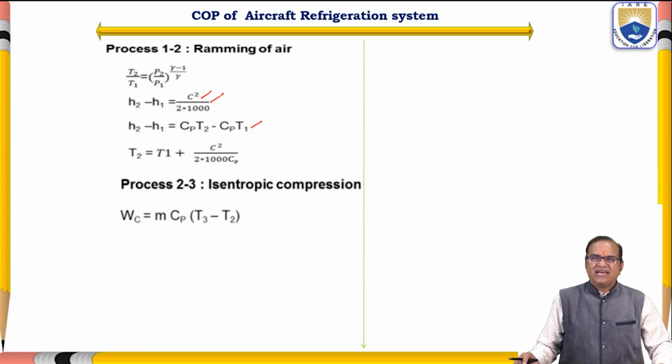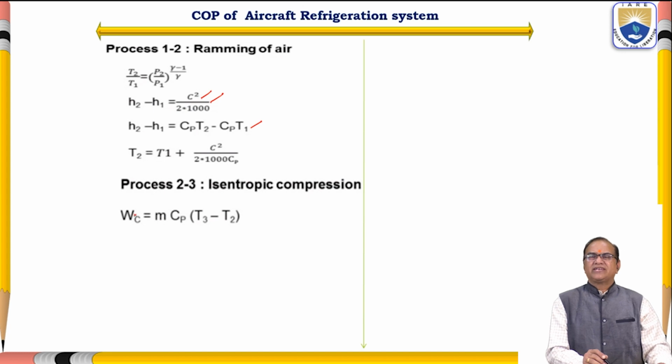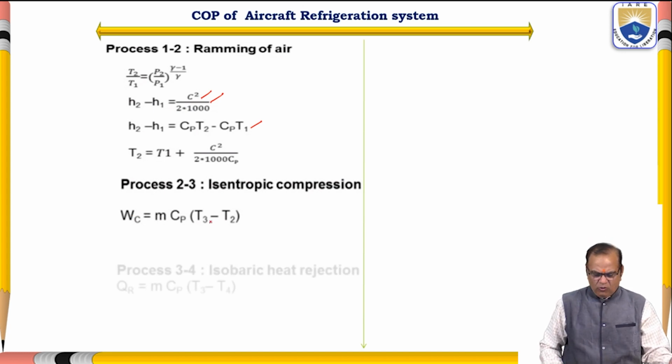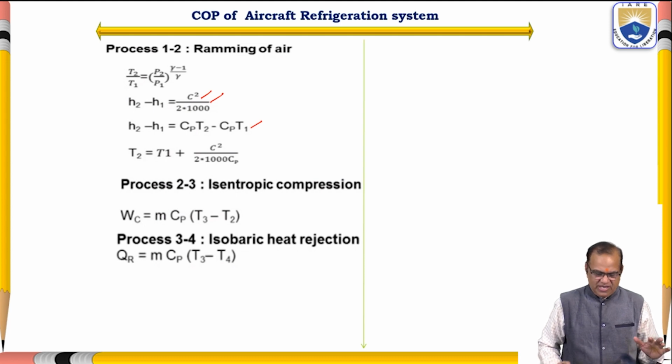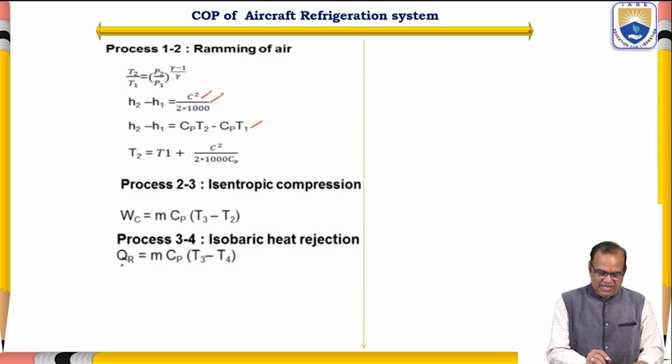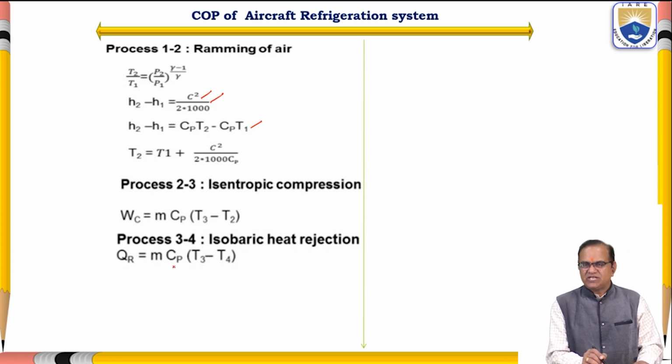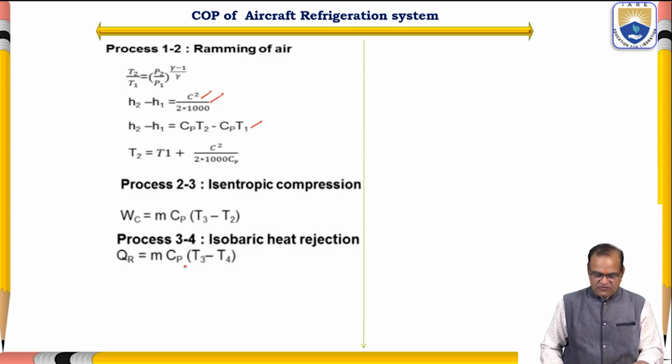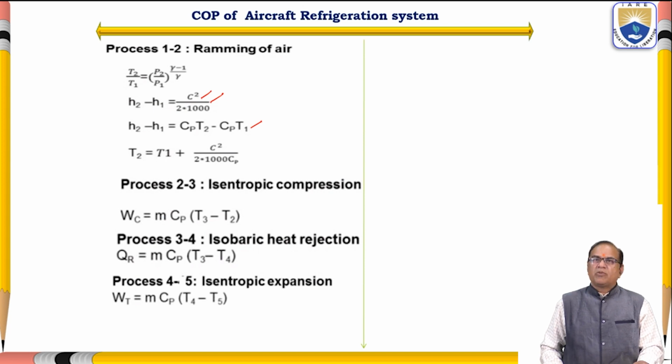Now if you take the process 2-3, it is a compression, so it is m Cp (T3 minus T2). This we have already learned. Now the heat rejected in the cooler, QR is equal to m Cp (T3 minus T4). Process 4-5 is isentropic expansion.